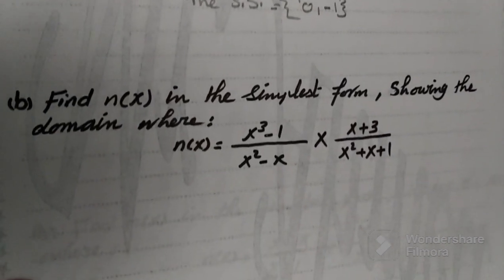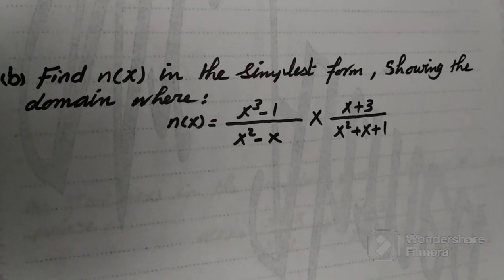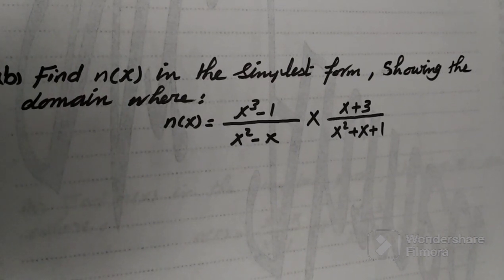Another question. Find n of x in the simplest form, showing the domain, where n of x equals x power 3 minus 1 over x squared minus x, multiplied by x plus 3 over x squared plus x plus 1.